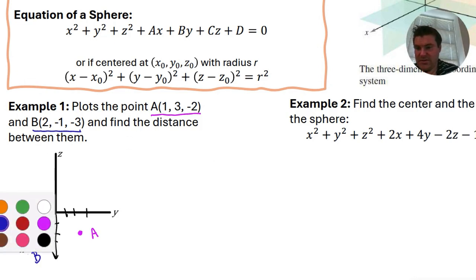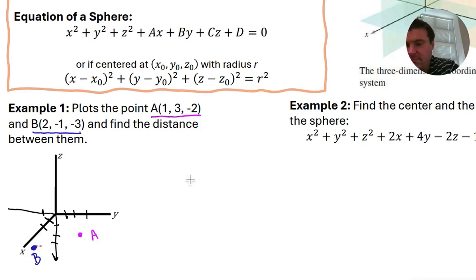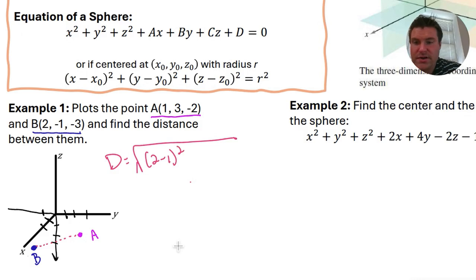I do want to find the distance between them. I can do that in ink. The distance between them is going to be 2 minus 1 all squared, plus negative 1 minus 3 all squared, plus negative 3 minus negative 2 all squared.